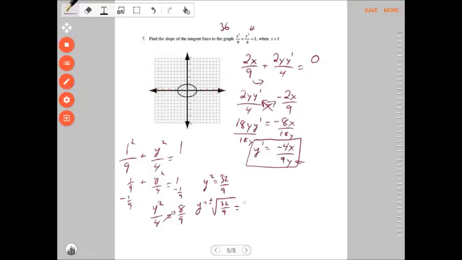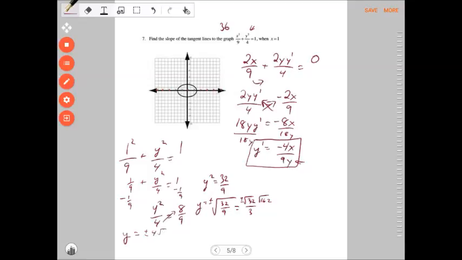We can separate that square root, so square root of 32 over the square root of 9, and the square root of 9 is just 3. Now, I know what you're thinking: this is getting kind of messy, but that's okay. I'm going to go back down here because I'm running out of room. Root 32 reduces. 32 is 16 times 2, so the 16 kicks out a 4.